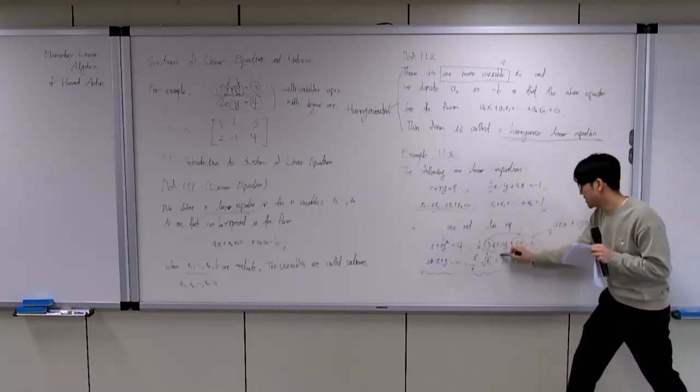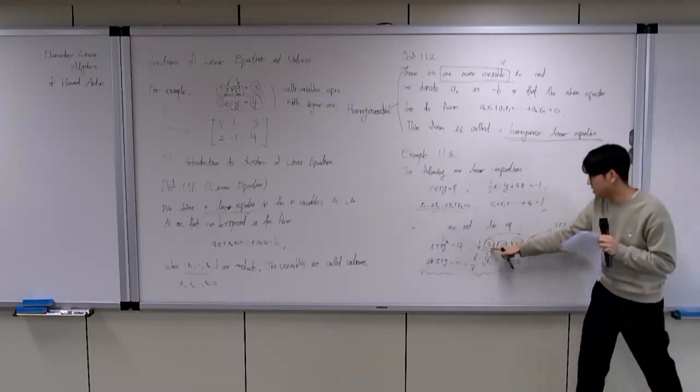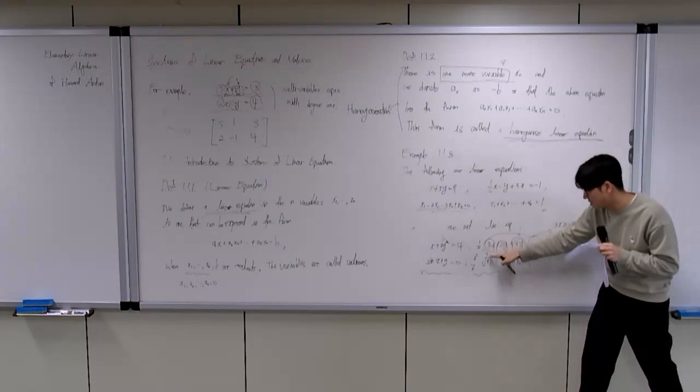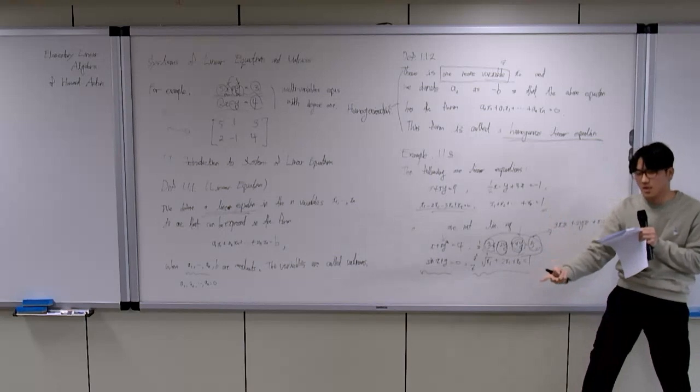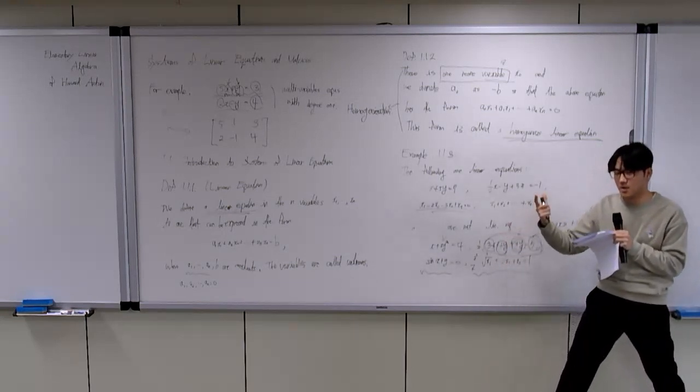We have 4 terms, and this term has only degree 1. This term's degree is also 1. So to make degree 2 terms, we need one more degree.